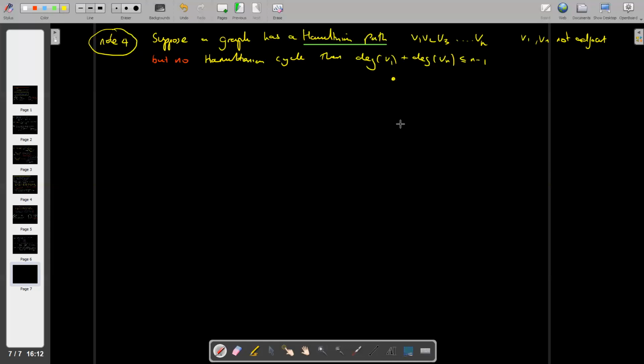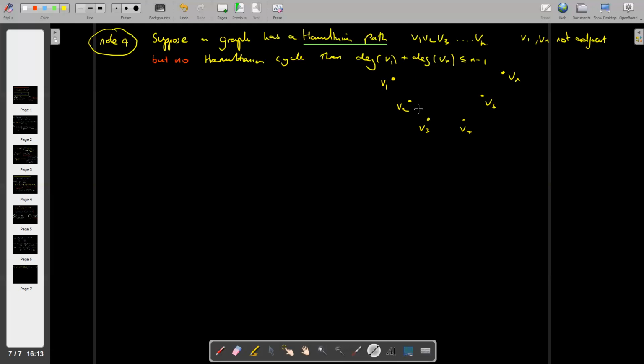So maybe I've got a vertex here, one here, some here, up here, and down here. Let's label these V1, V2, V3, V4, V5, Vn. I could put breaks in here, dots, but it made more sense to me doing it like this.